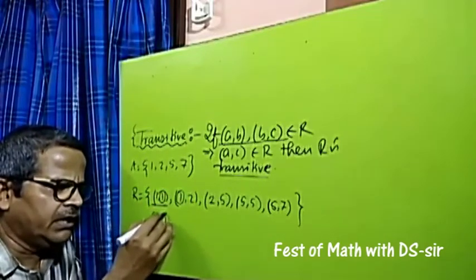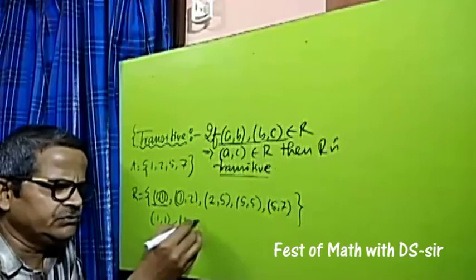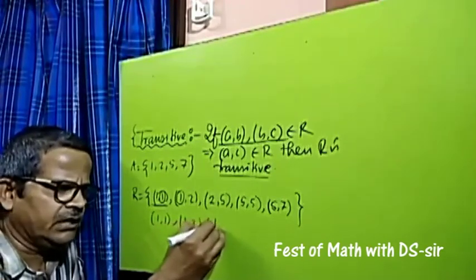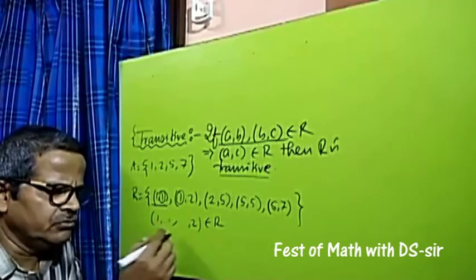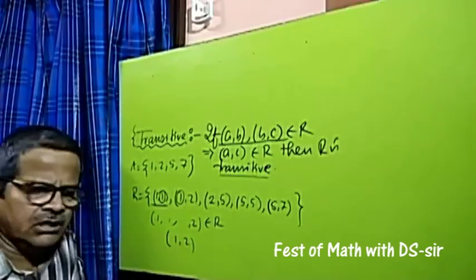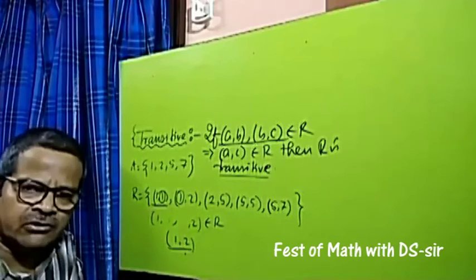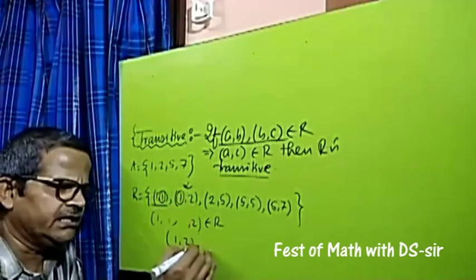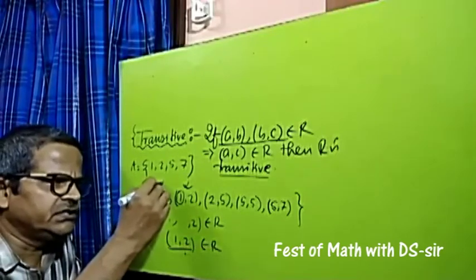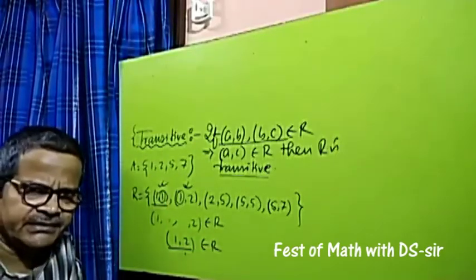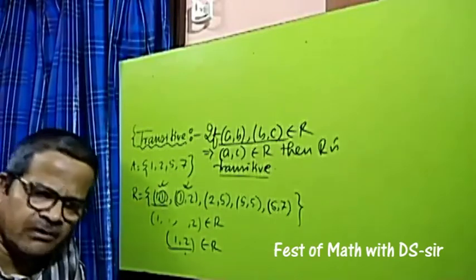So (1, 1) and (1, 2) belong to R. Now eliminate the ones. That gives you (1, 2). Now check whether (1, 2) is there or not. Yes, (1, 2) belongs to R. So checking with this element is completed.